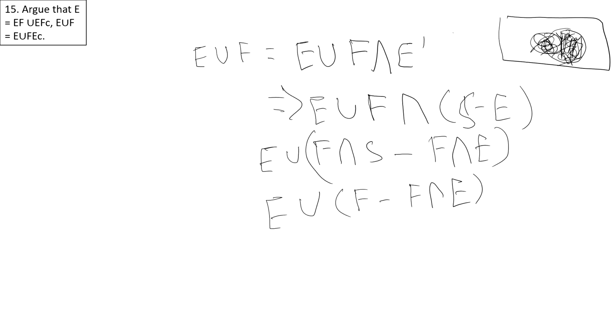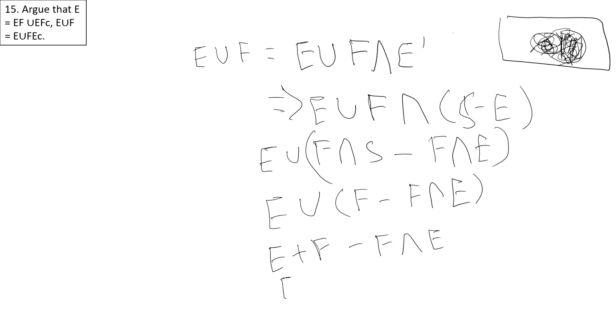So we can write it like this. So if we do a complement, it will become like E plus F minus F intersection E.